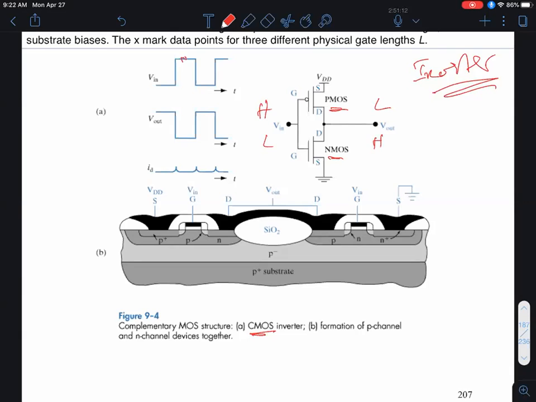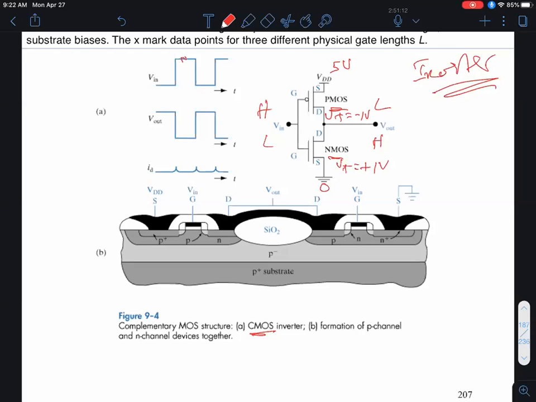Now, for these NMOS devices, the VT will generally be made slightly positive. Just to make our life simple, let's assume the VT of this is plus 1 volt. Typically it's more like 0.6 or 0.7, but the VT for the PMOS will be slightly negative, let's say minus 1 volt. Suppose it's a 5 volt chip, so the VDD power supply is 5 volts, and the source of the NMOS is grounded.